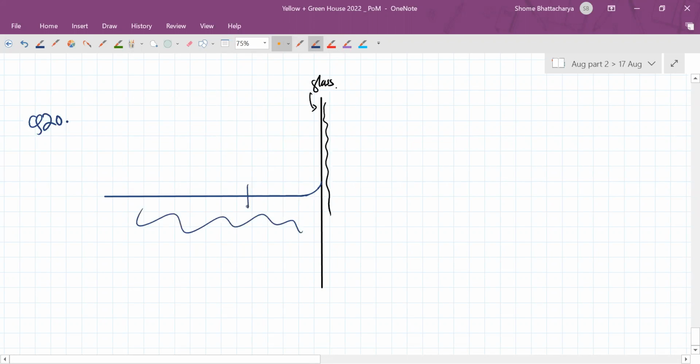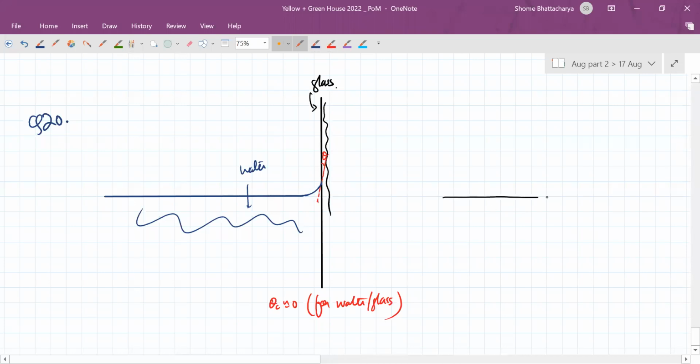This is the situation with water, where the contact angle between water and glass is actually almost tending to zero. So why this is not given in the question is because in HC Verma there's a table of values of contact angle. So you're supposed to use that for solving this type of question.